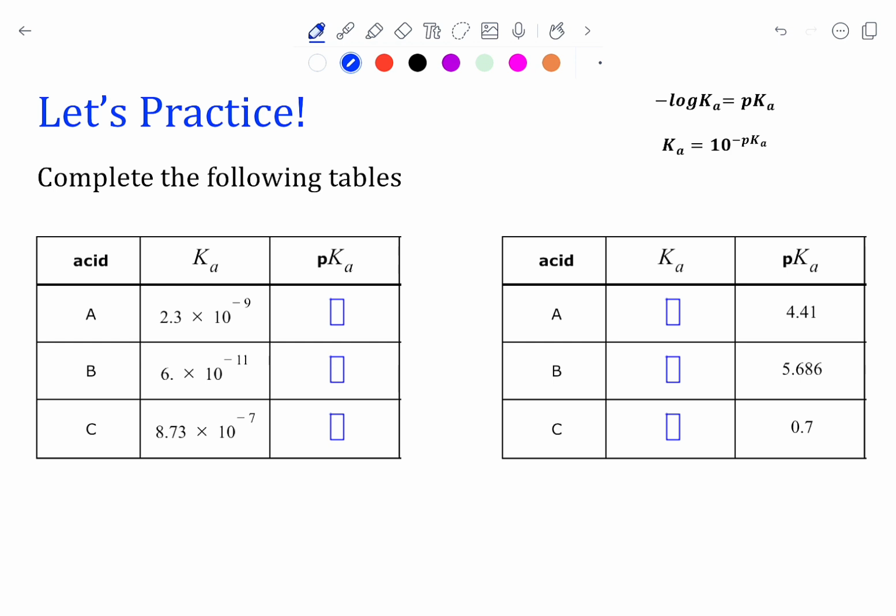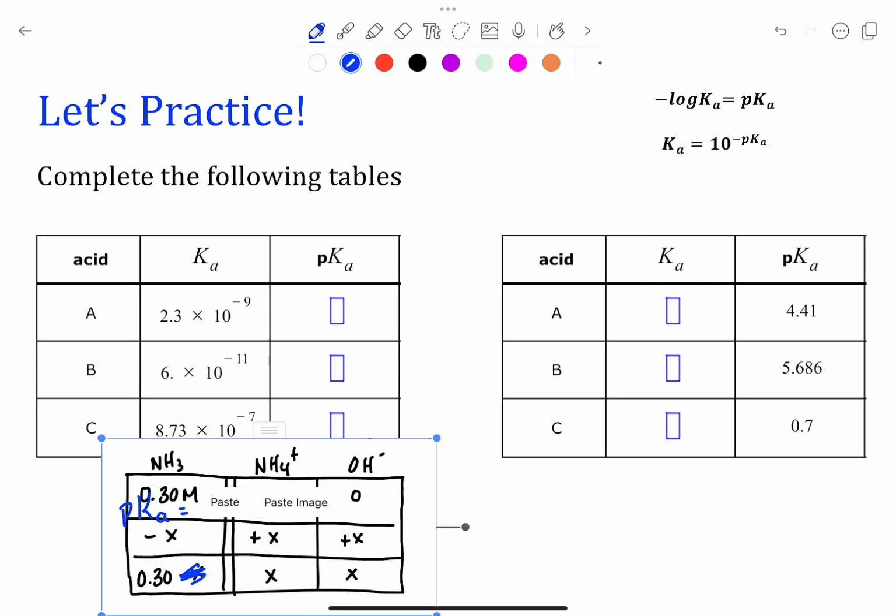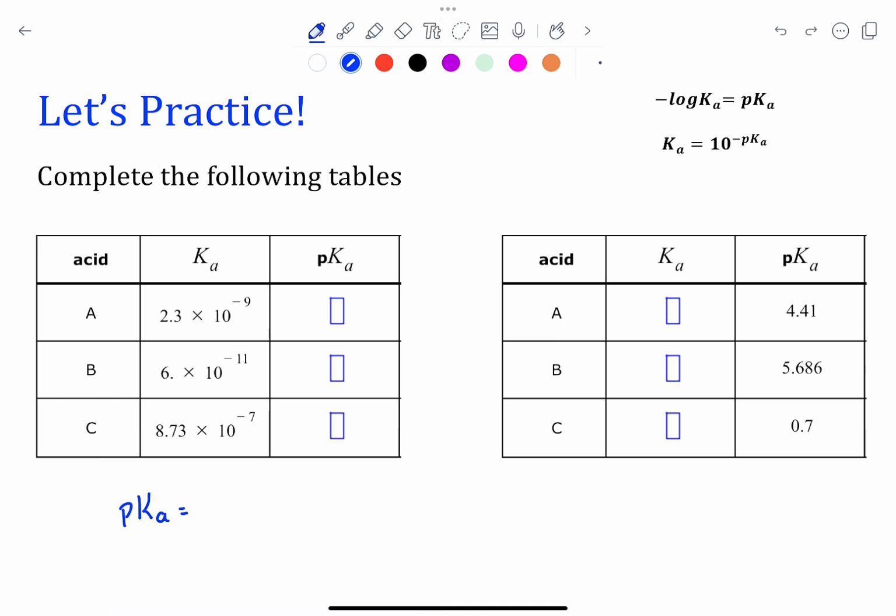We know from our definition that pKa is equal to the negative log of our Ka value, 2.3 times 10 to the minus 9. So let's grab our calculators and solve for pKa together.